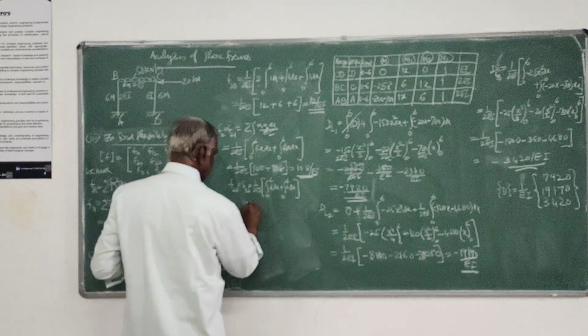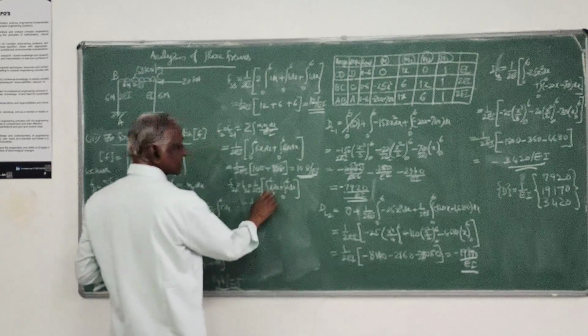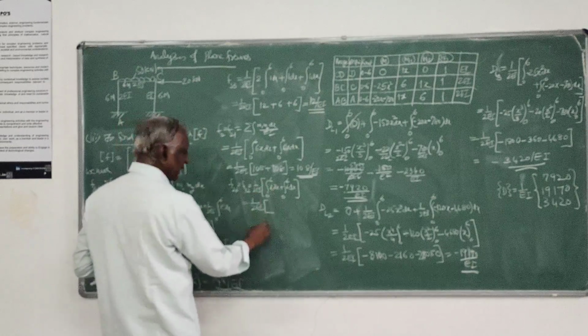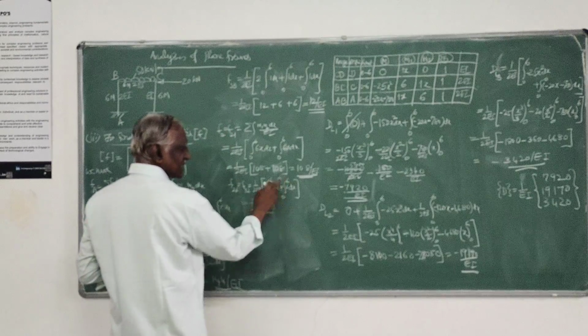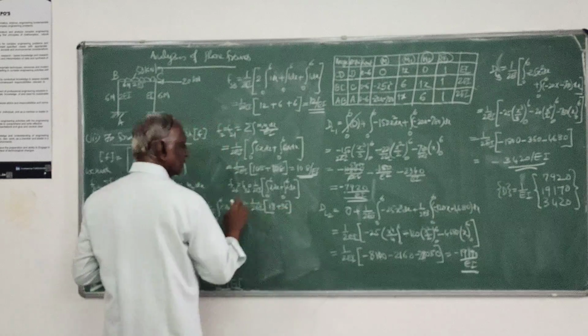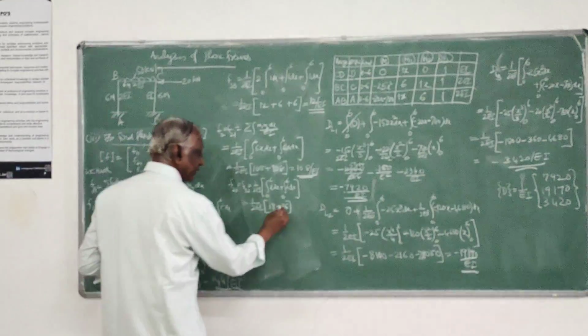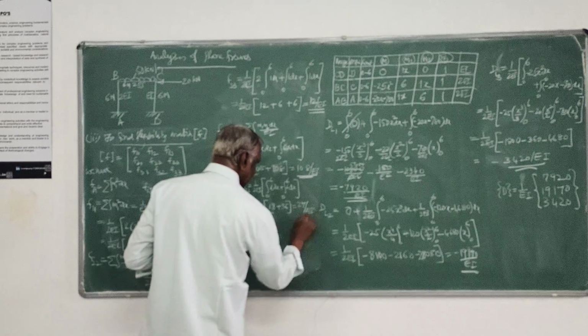So this is nothing but 1 over 2EI, this is x squared by 2, 36 by 2, 18. This is 6 into x is 6, 36. 36 plus 18, 54 by 2, it is 27 divided by EI.